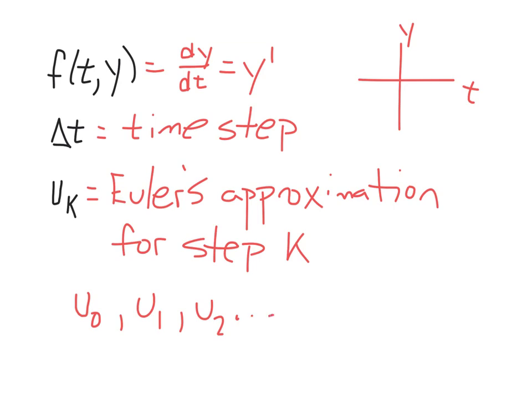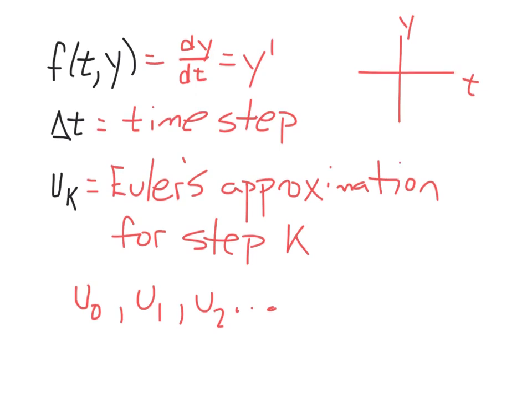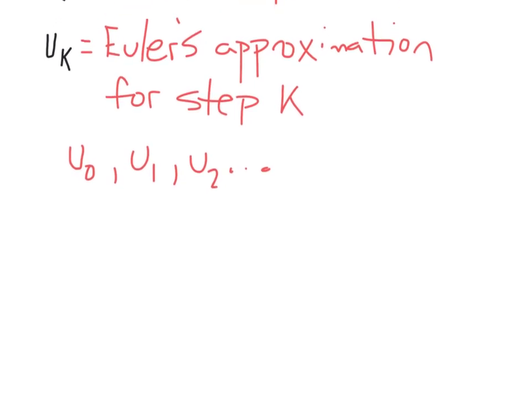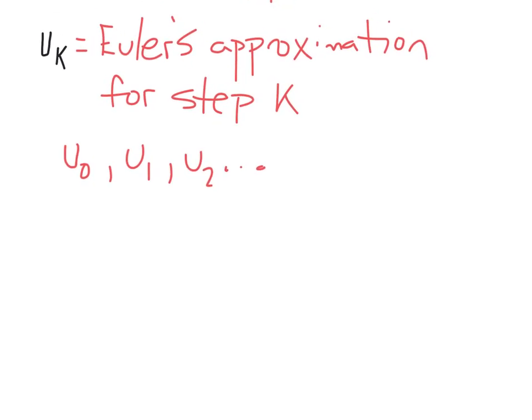And to expand on that a little bit, we're going to say u sub 0 is equal to this y function evaluated at the time step sub 0, and that's going to be equivalent to whatever our initial value is.